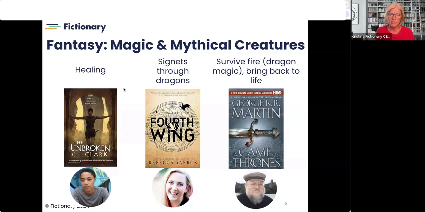There's dragons and griffins and magic. It's really heavy. And then in Game of Thrones, the magic is spattered throughout. It's got the dragon magic in it. It's got the red woman who can bring people back to life. And sometimes the magic story arc is across multiple books, not just the first book. So they're all very different in how they treat fantasy.